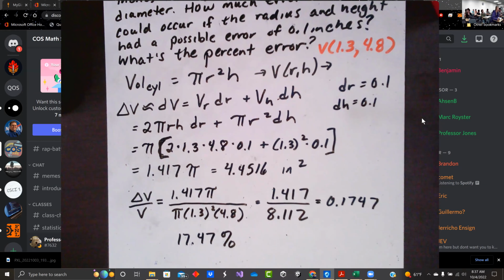Oh, wait. Like I said, it's volume, right? Do you think that's inches cubed instead of inches squared every time after we take the derivative? Because this is the change in volume. If this is a change in volume, would that not be in inches cubed rather than inches squared?